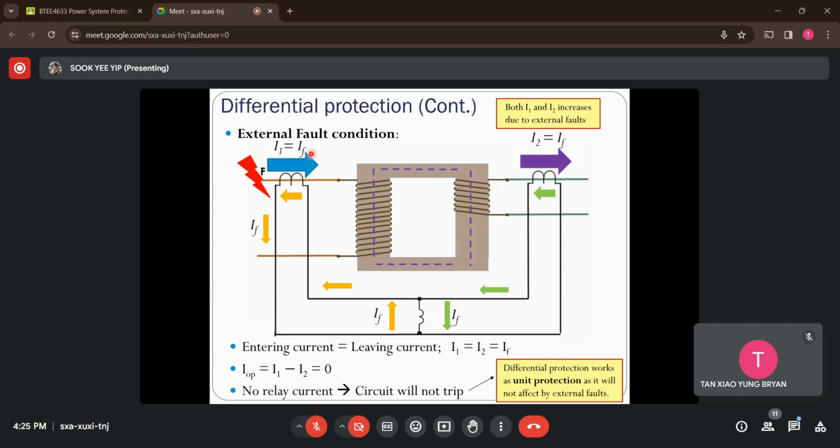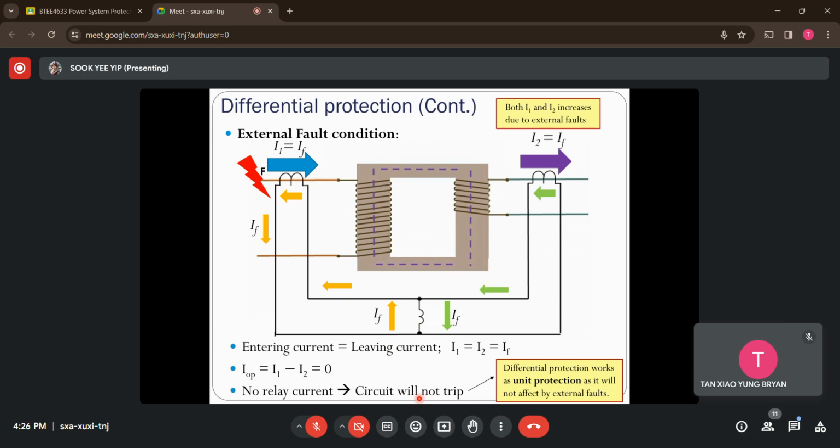But they are flowing in the same direction, carrying the fault current value. So the entering current and leaving current are flowing oppositely through the relay operating coil, which means if you check the difference, it will be equivalent to zero. Under these situations, you will see this differential protection scheme can work perfectly as unit protection. Why? Because it only works for faults that occur inside this unit, but not faults outside. So under external fault, the relay will not trip.